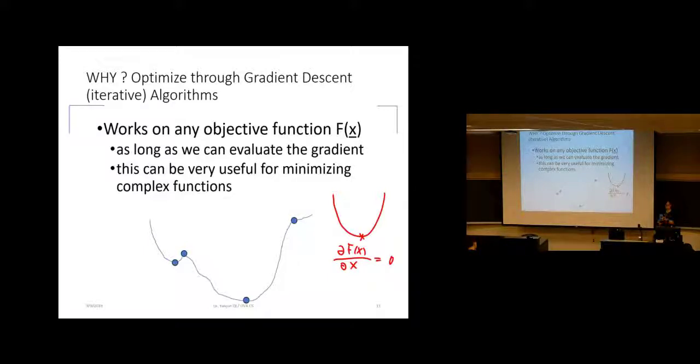In high dimensional cases, there are also plateau shapes, a huge plateau where the gradient is all equal to 0. There's no way to get good solutions there.